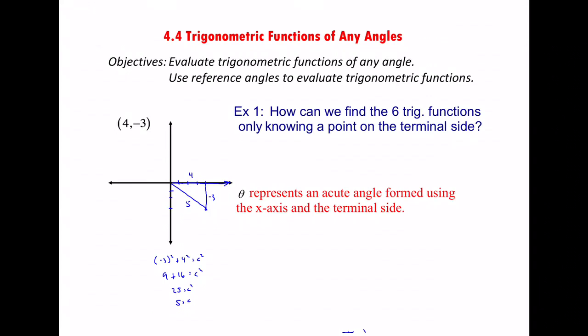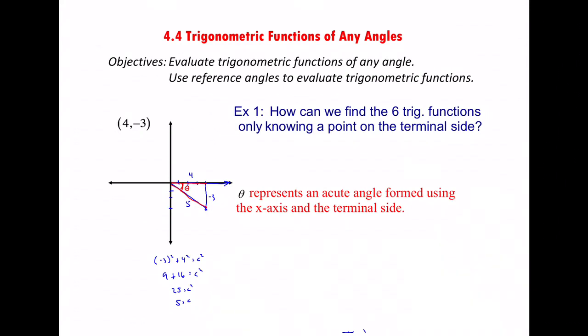Really the only thing is now that we have negative trig functions in terms of their value. So theta always represents the acute angle formed using the x-axis and the terminal side. So here's the x-axis, here's that terminal side to get to that point. So the acute angle is this. That represents the theta that we are going to be looking for.